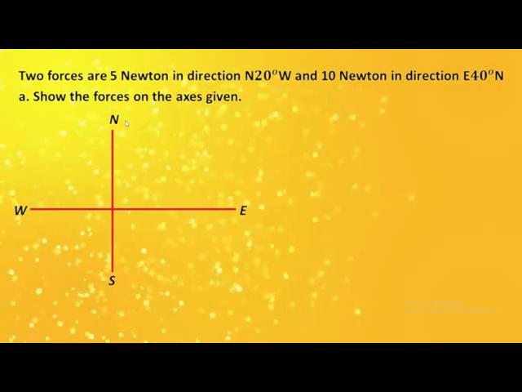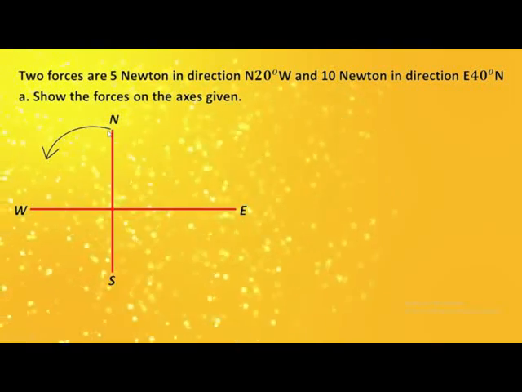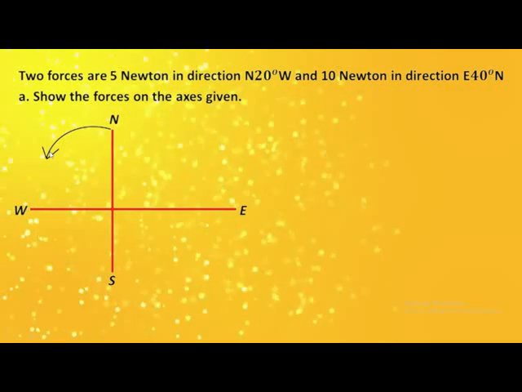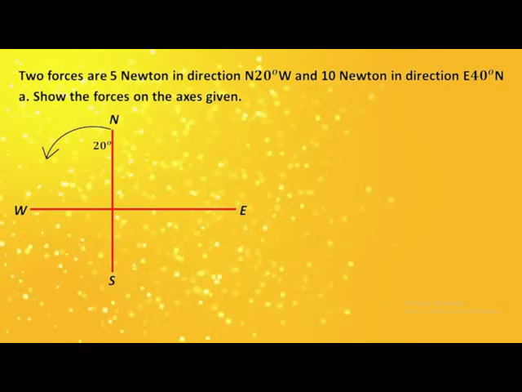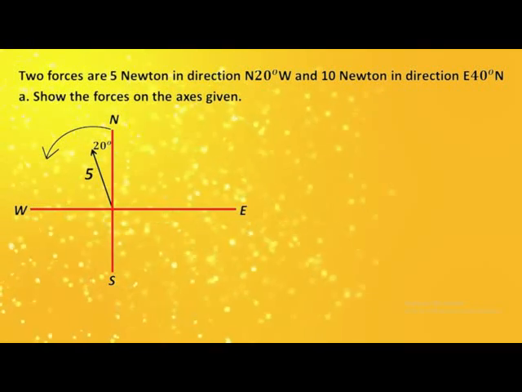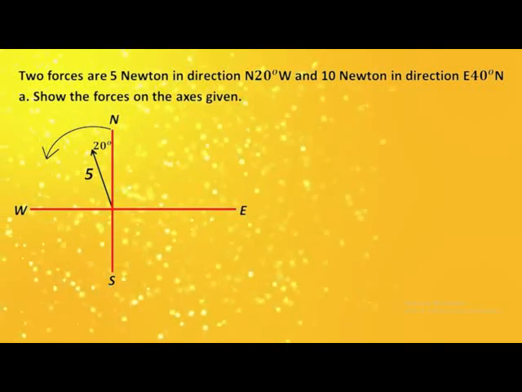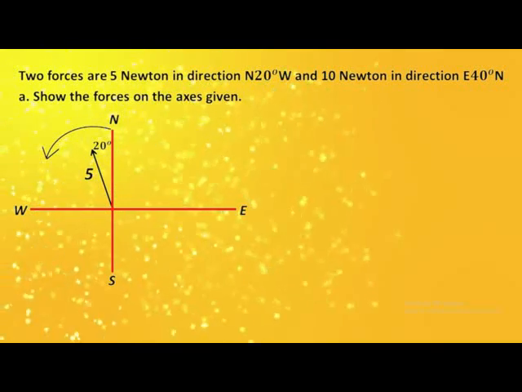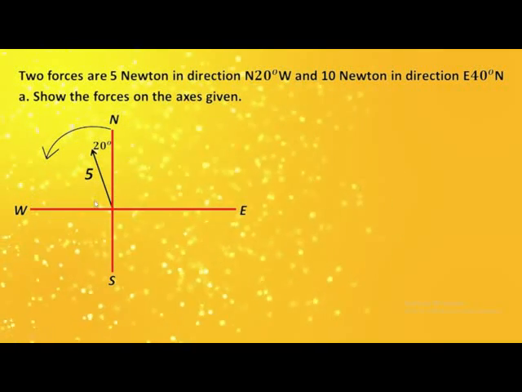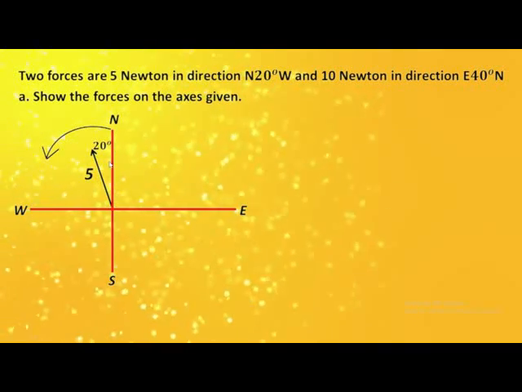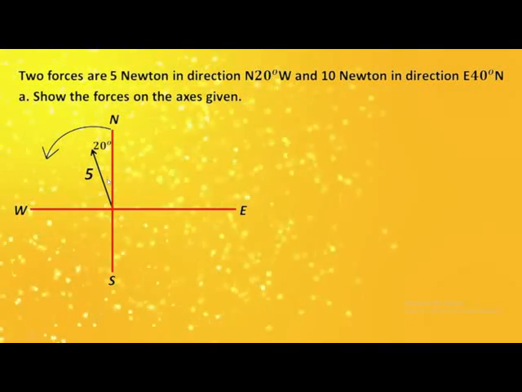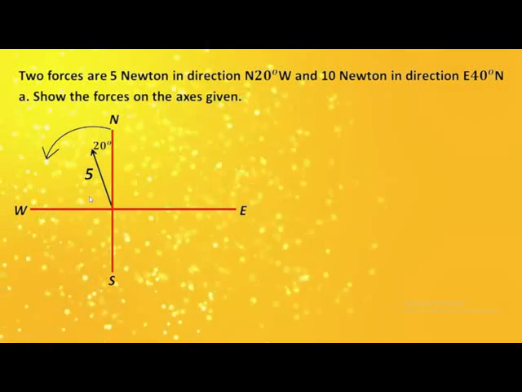From north to west, this is the direction. As you can see, it's 20 degrees and a 5 Newton force. So why is the 20 degrees not in this part? Because we start from north and go toward west. This part is 20 degrees, not that part.